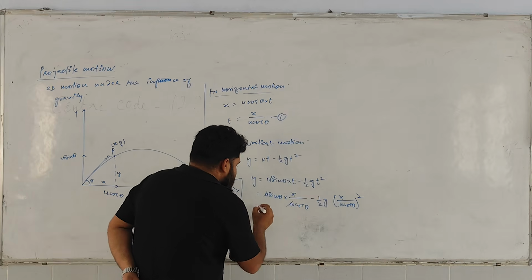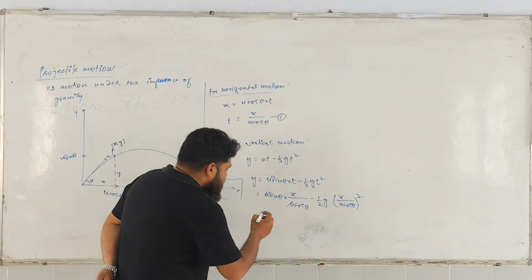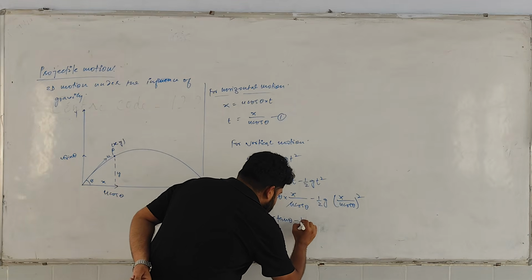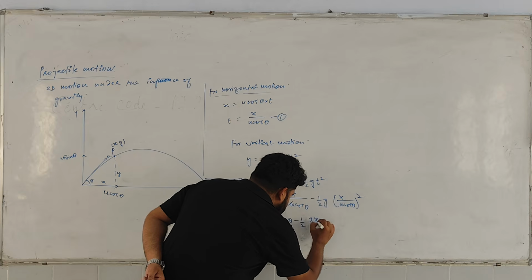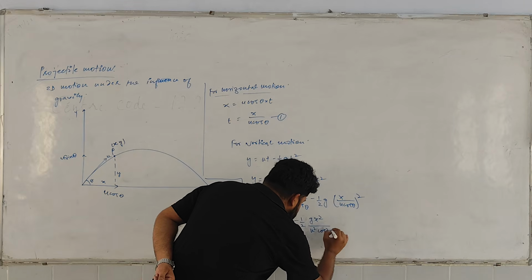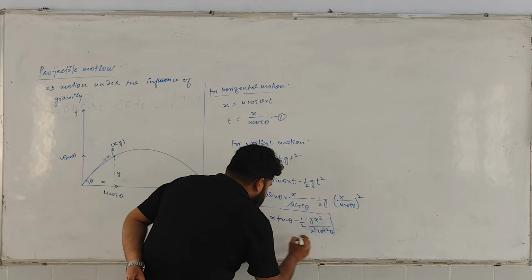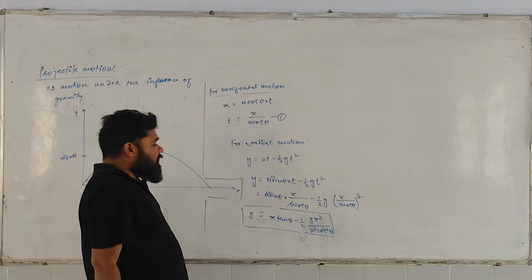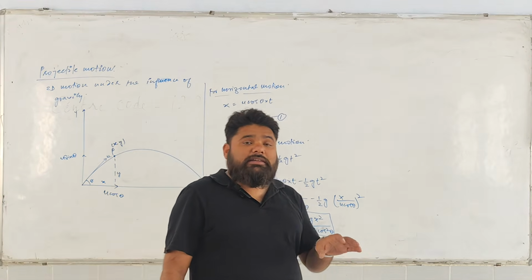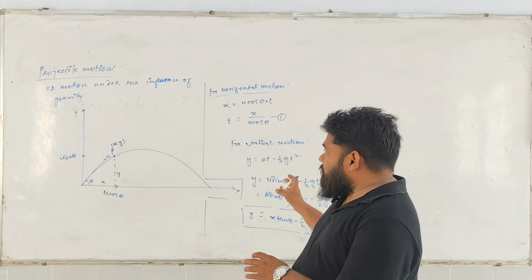Here u cancels with u, sin theta upon cos theta becomes tan theta, and the equation reduces to y is equal to x tan theta minus half g x square upon u square cos square theta. And this is the equation of the trajectory of the projectile. So that's all about the topic.